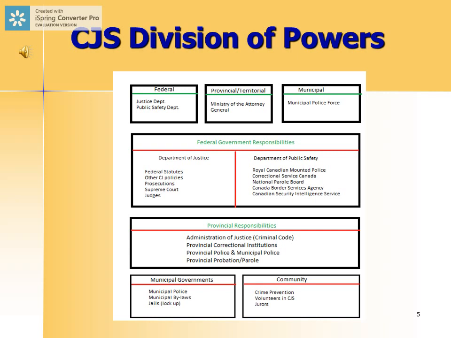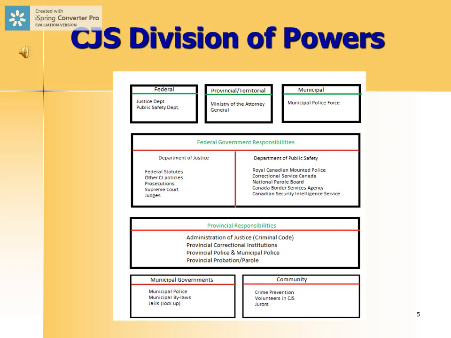And we should finally make mention that the community has a critical role to play in crime control. It doesn't play a huge role in the criminal justice system because that, as I've mentioned, is exclusively run by governments. But you do have important roles to play, such as volunteers in the criminal justice system. Citizens also are jurors, so we play a major role in the criminal justice system as jurors.